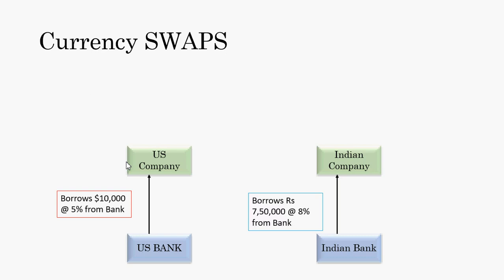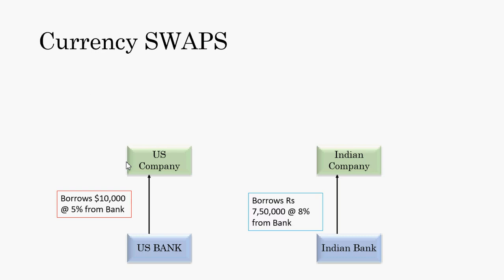Let's assume that $1 will be equal to 75 Indian rupees. So the Indian company is going to borrow 7,50,000 rupees, which will be equivalent to 10,000 US dollars. Okay, it is going to borrow the 7,50,000 rupees at 8% interest rate from the Indian bank.